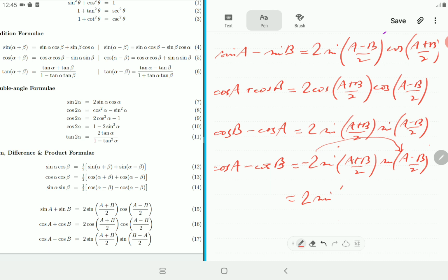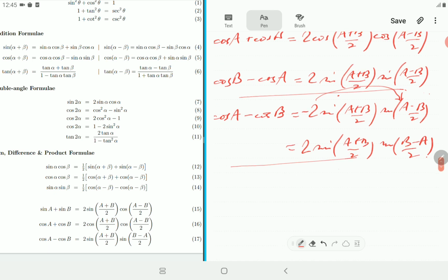So there's going to be the same as sine A plus B over 2, and this is going to be sine B minus A over 2. So this is exactly the same as that formula there.